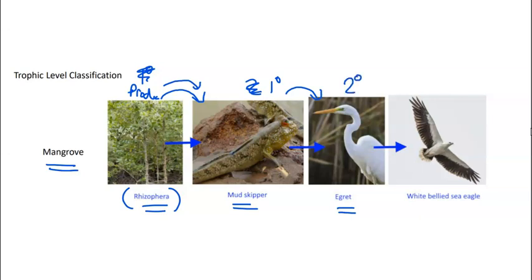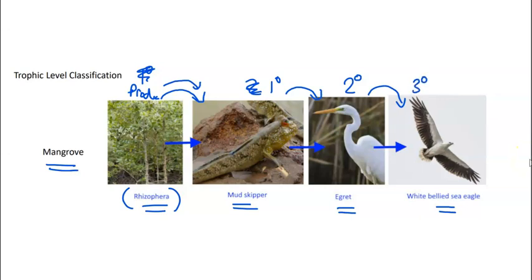It's a carnivore. And potentially, on rare occasions, the egret will become the prey of the white-bellied sea eagle, which often flies over these regions, and the white-bellied sea eagle would then be known as a tertiary consumer.